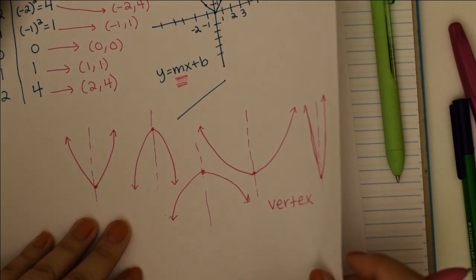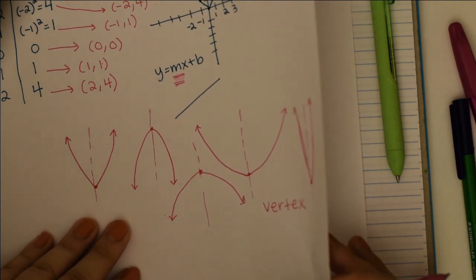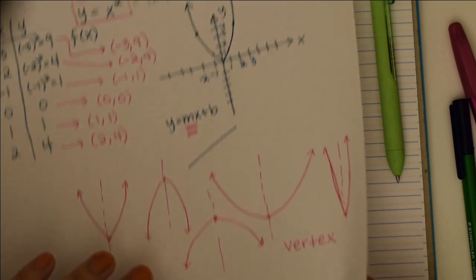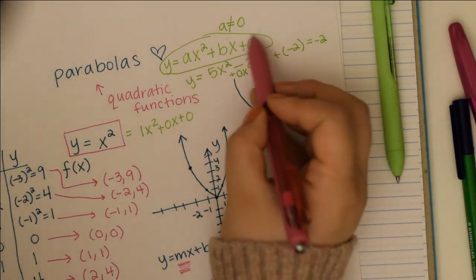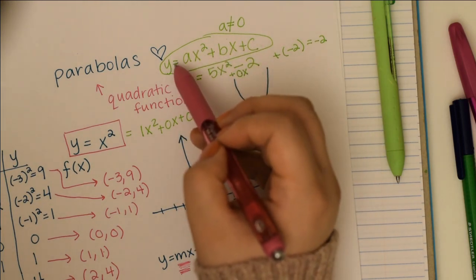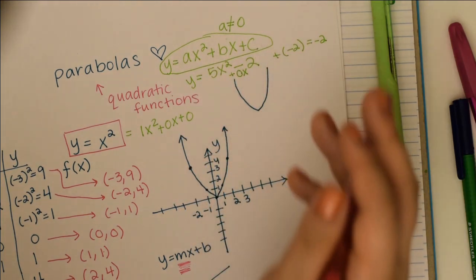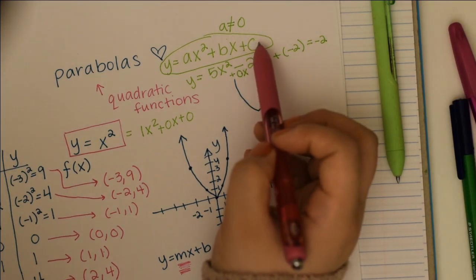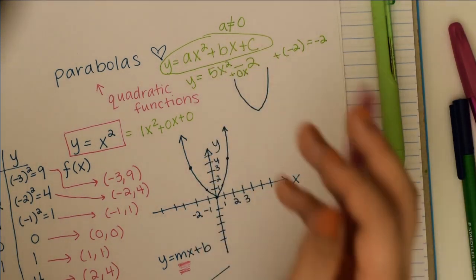And so the way we're going to do that is we're going to look at the standard form equation in general, y equals ax squared plus bx plus c. But we can actually rearrange something that looks like this into the standard form.